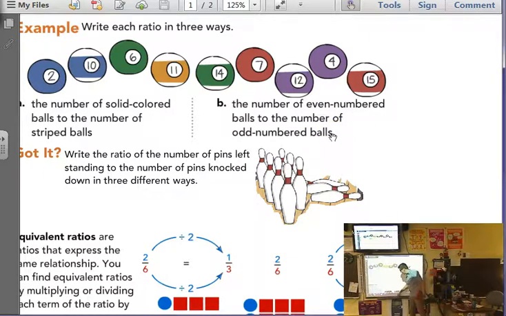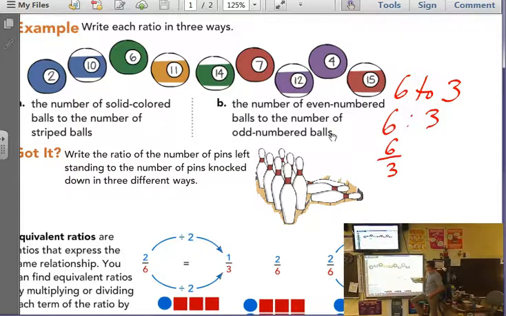Even compared to odd. You wouldn't add them, but you would count up. How many evens? It's 6 to 3. Then we do the colon, and then we show the fraction method.